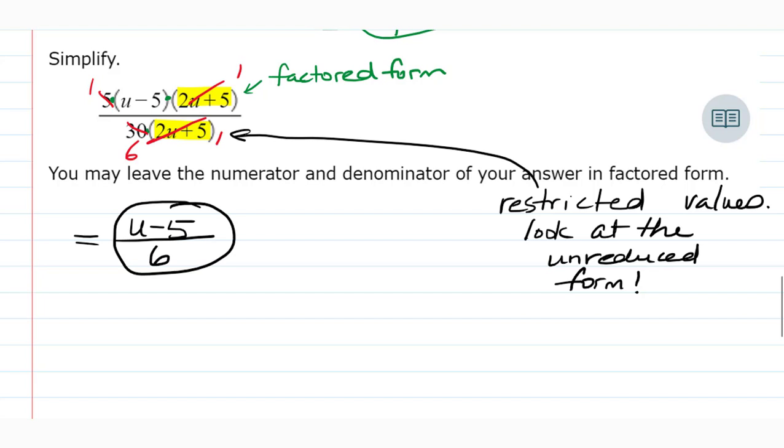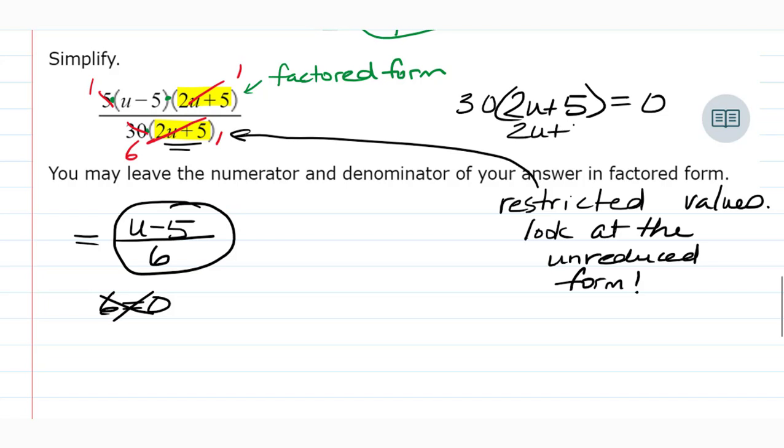And if you make the mistake of reducing first, you're going to think there are none because 6 cannot equal 0. That can't happen. But notice that in the original expression, we had the factor 2u plus 5, and that could equal 0. So we would set the denominator equal to 0, divide both sides by 30, you get 2u plus 5 equals 0.